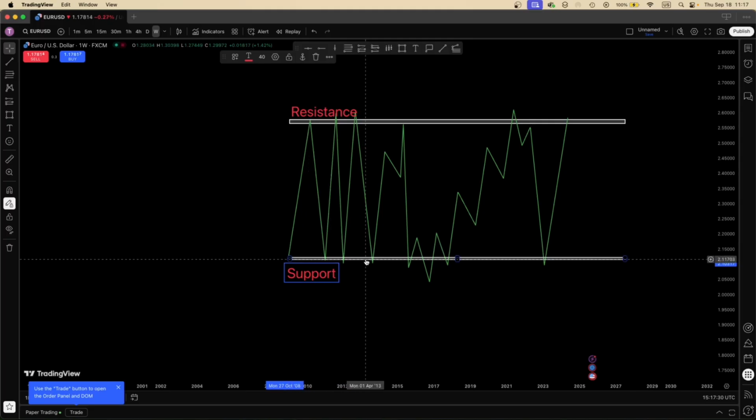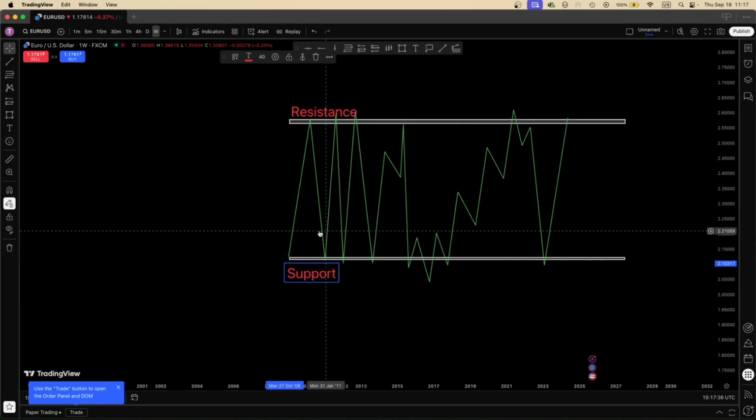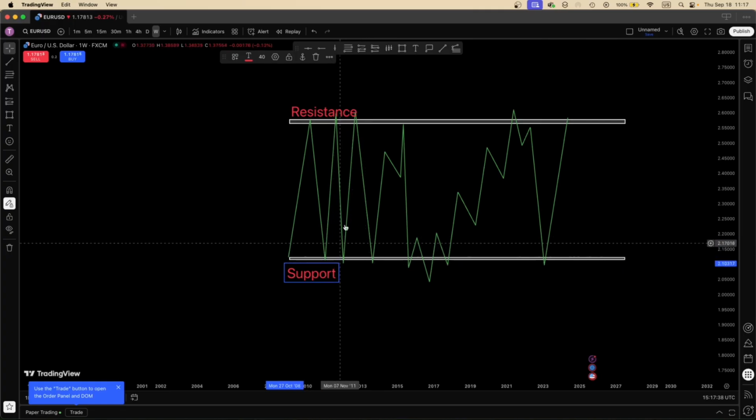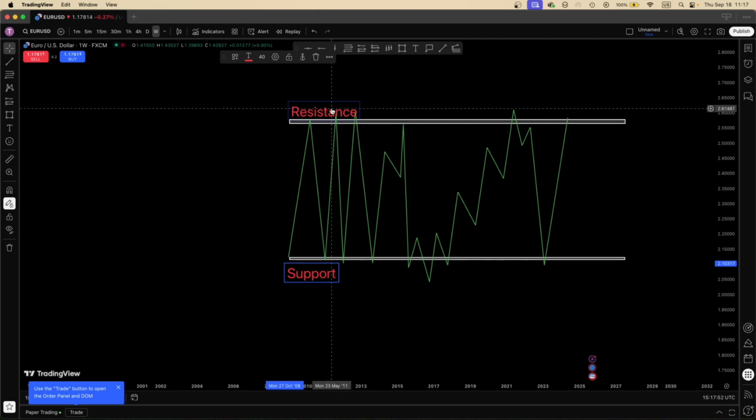When a lot of people have the same type of thinking, it creates an influx of buyers at support and an influx of sellers at resistance. They will think, whenever the price comes here, I'm a seller. If it breaks beyond, then I'm not going to trade. But if it rejects at the resistance, I'll be a seller.